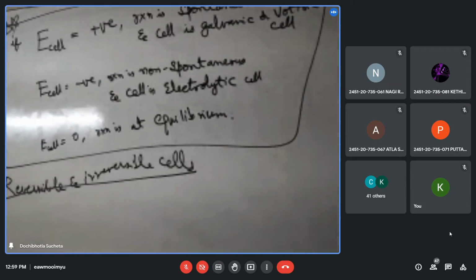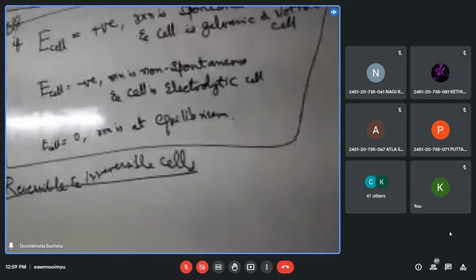By supplying energy little more than the cell EMF, products combine to give back reactants, and the cell acts as electrolytic cell.